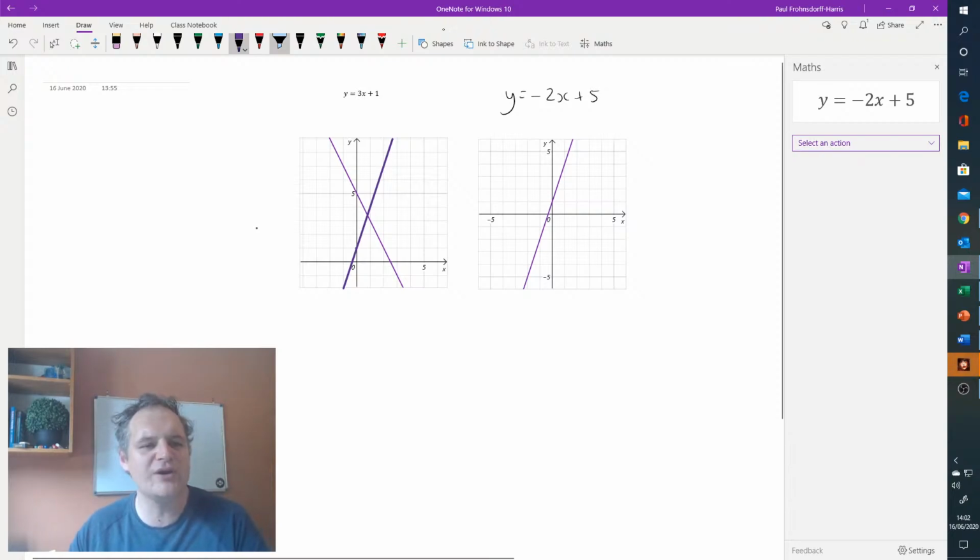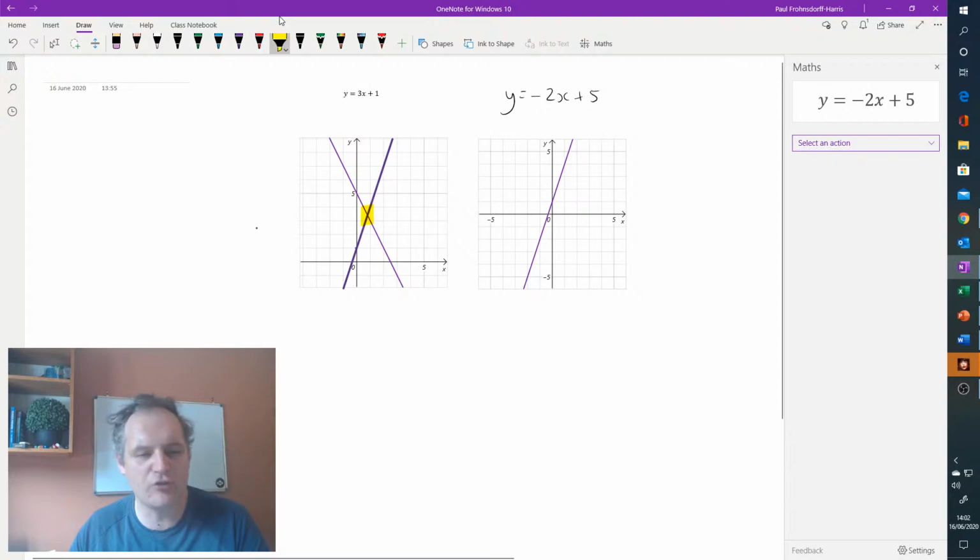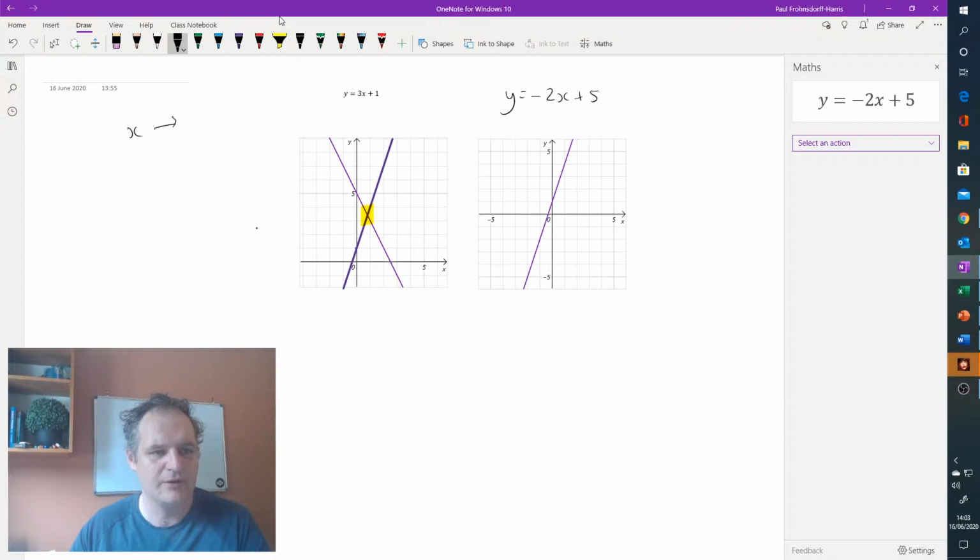Now to solve equations graphically, all you are doing is identifying the point at which the lines equal each other, by where they cross. The reason this is the case is because every equation is a mapping. It's a machine that maps x values: you put x values through the machine and get y values out. That's all an equation is.